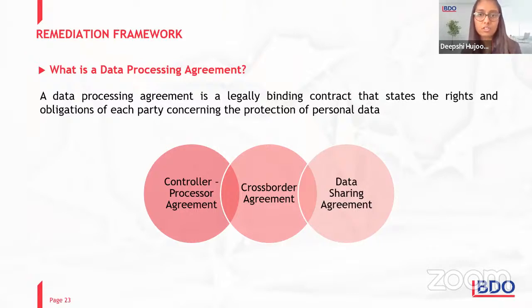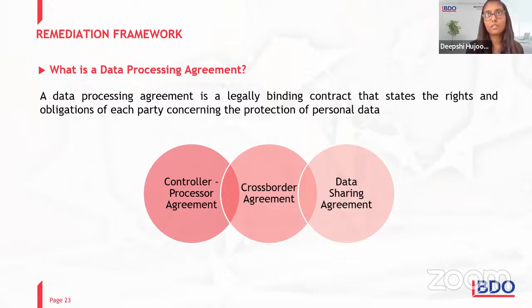So this is just a few examples of different types of agreements that you can have, but it's broader. I'm saying here controller processor agreement. It's in the case where the organization is the controller and you are sending data to another organization in the same country, and that other organization becomes your processor. So you need to have a controller and processor agreement in place.